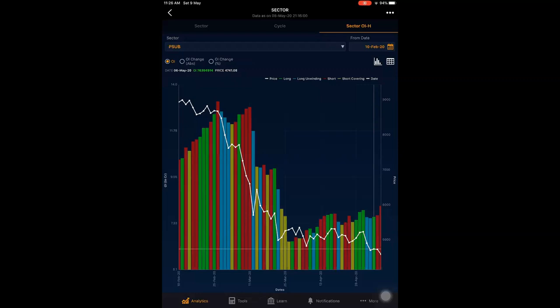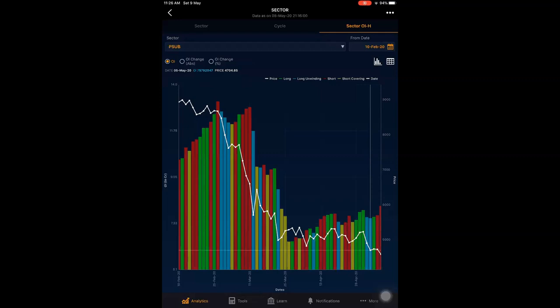Okay, now if I look here, this price and this open interest is of the entire composition of the PSU bank. So the price is like a weighted average price of that entire composition of the stocks. Open interest is the cumulative open interest. Don't think that PSU bank as an index is not listed in the derivatives, so how can Quantsapp show PSU bank as an index?